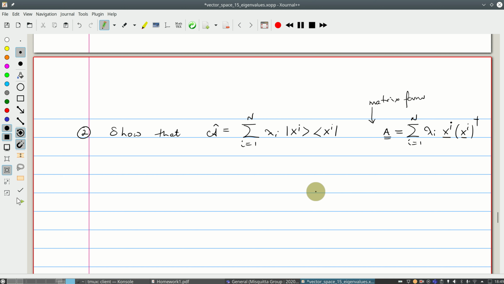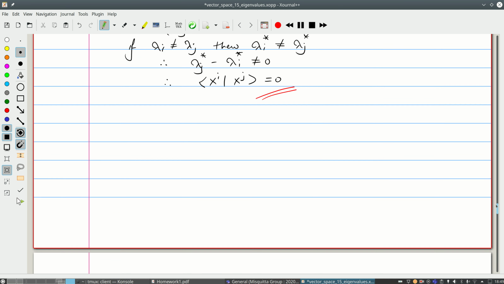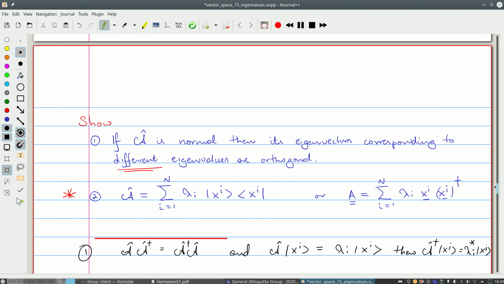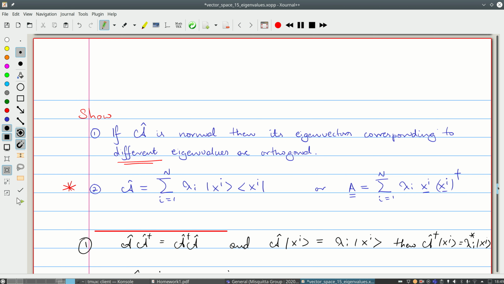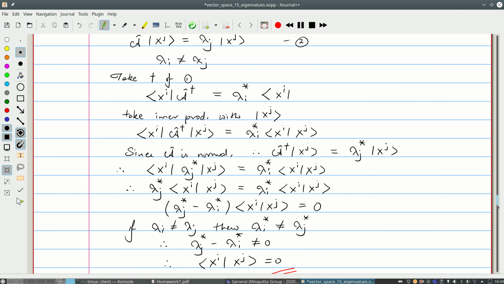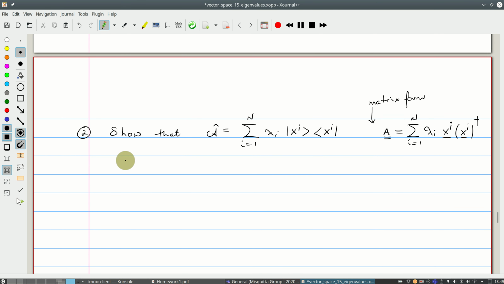Now I need a couple of results before we can show this. From the previous result, we know that the eigenvectors of a normal matrix will either be orthogonal or they can be made orthogonal. Therefore, in general we're going to assume that these eigenvalues, eigenfunctions are orthogonal, and because there are n of them, they can form a basis for the space.